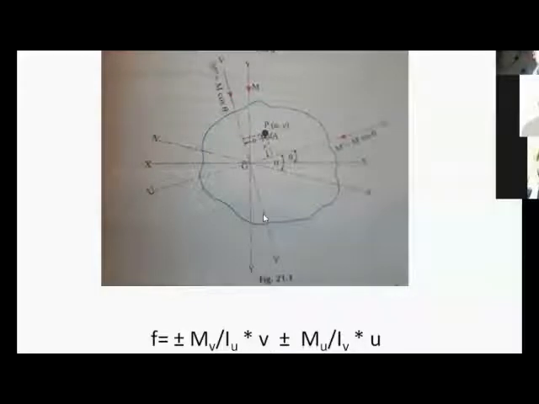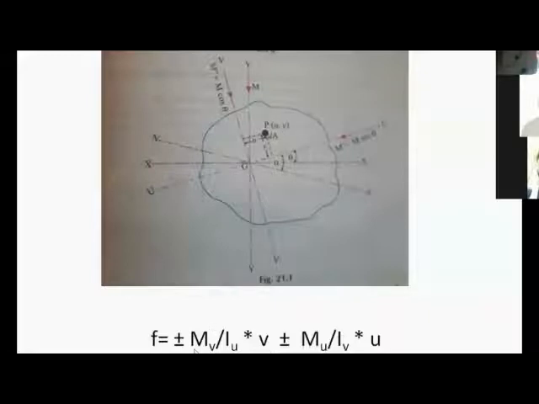So when you find the stress due to Mv, that is M cos theta, you need to use Iu, the moment of inertia about the UU axis. So the moment about the UU axis, or the moment in the VV plane, is M cos theta, that is Mv, divided by Iu, the moment of inertia about UU, into the distance from UU, that is v.